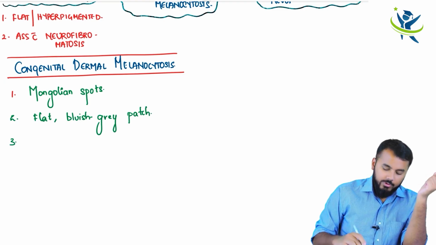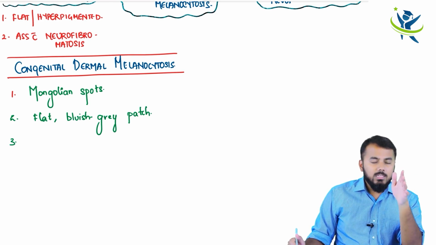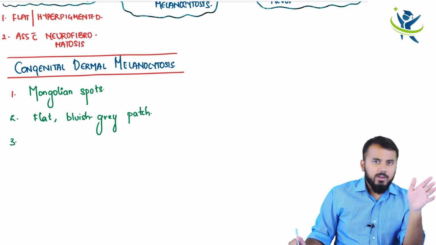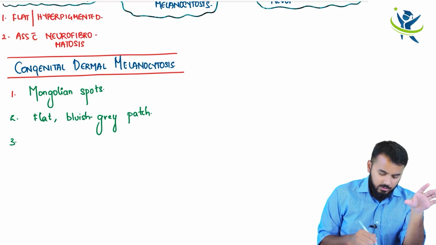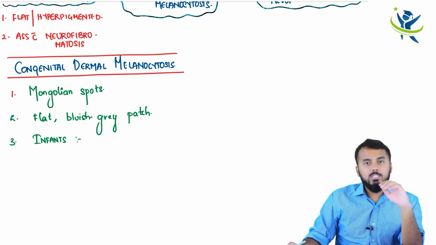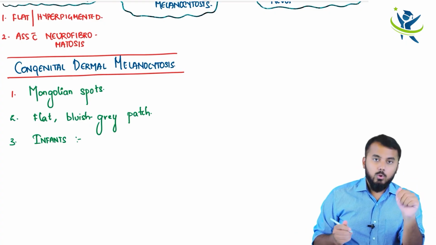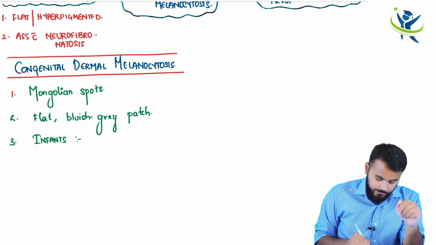The third important thing you have to tell is the location. Where do you find these? These are most commonly seen in infants, and within infants the location is the lower back, the lumbar area.